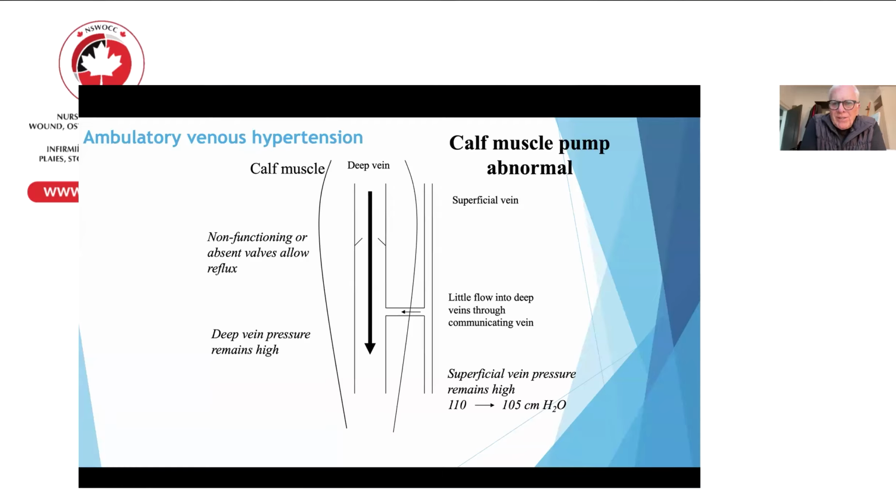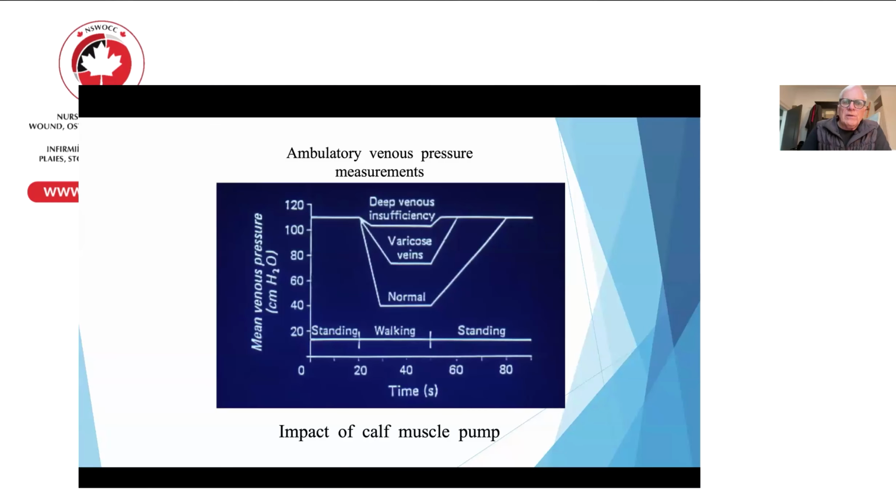And what ends up happening is that the blood pressure remains high in the superficial veins. And that's what's referred to as ambulatory venous hypertension. So it's a high level of pressure that is there when you're walking, and it's really not that it's higher than normal, it's just that it doesn't drop to the normal levels.